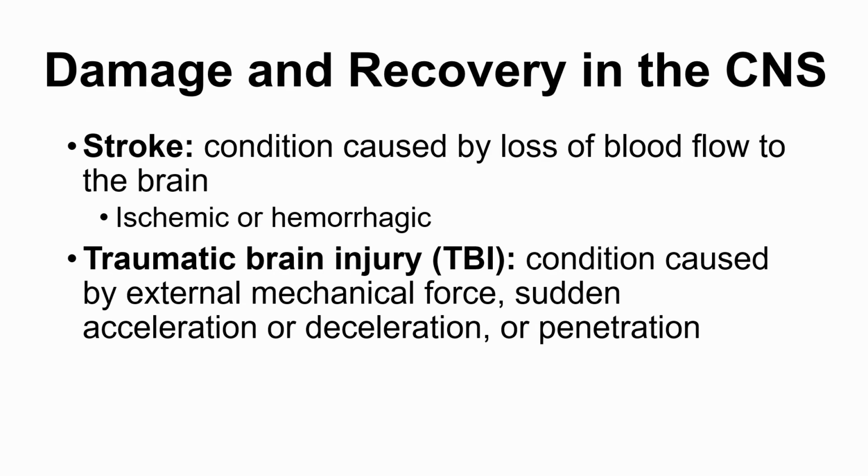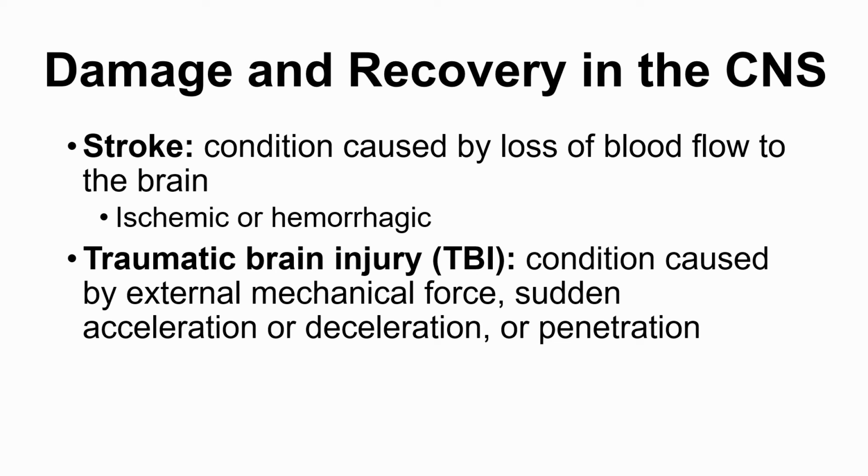The second of these, the traumatic brain injury, or TBI, is a condition that's caused by some kind of external mechanical force, sudden acceleration or deceleration or penetration that physically damages the brain. So a big hot button topic nowadays is concussions, which would be a sudden acceleration or deceleration where the brain suffers trauma.